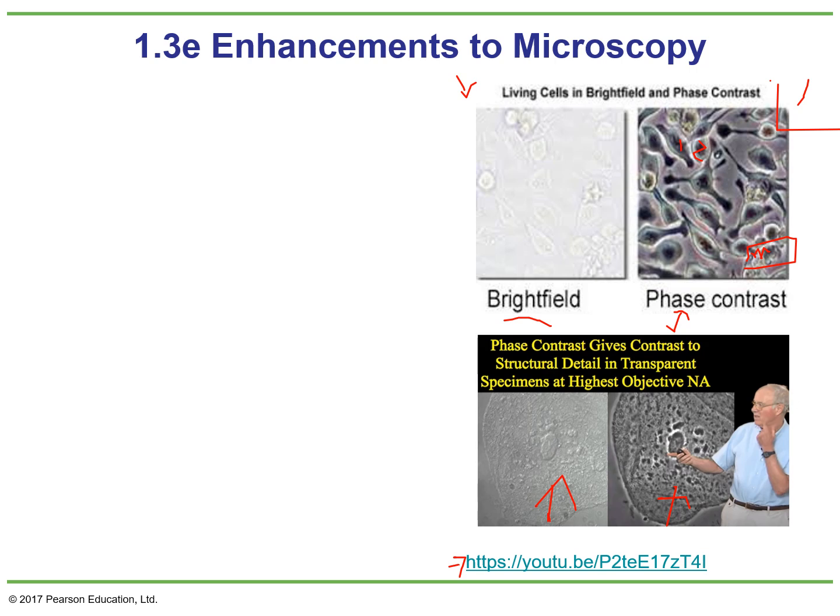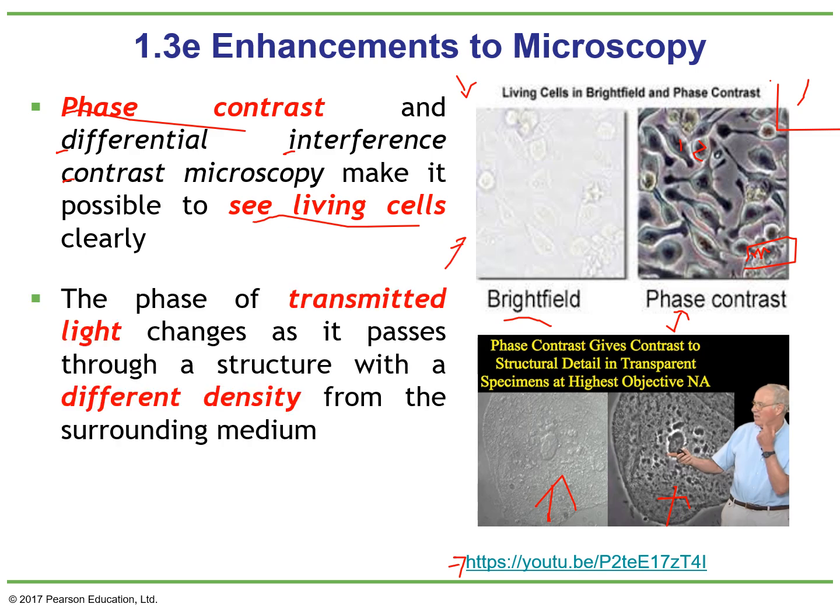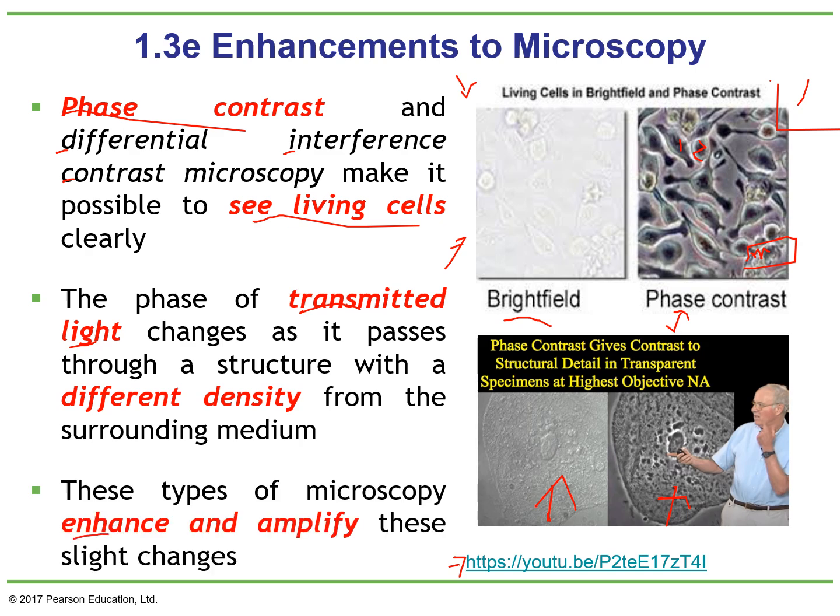So what I told you is that there are different techniques like the phase contrast and the DIC, differential interference contrast microscopy, and those are very good to see live cells like this one. Why? Because they allow you to use transmitted light and, with low density samples, you can enhance and amplify those slight changes. And how? Because you're playing with physics.